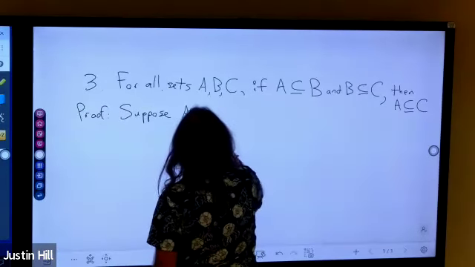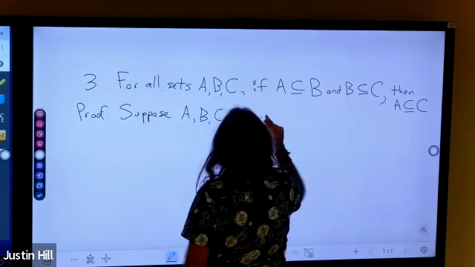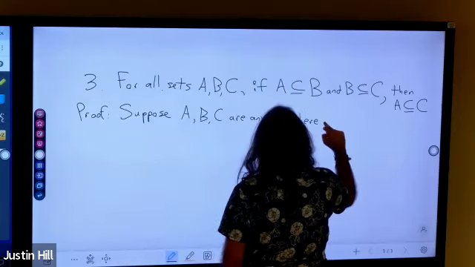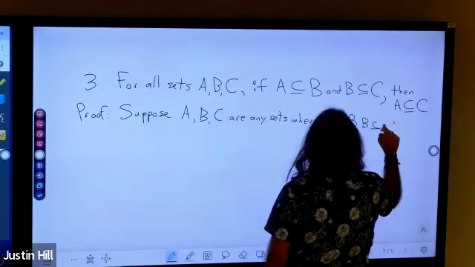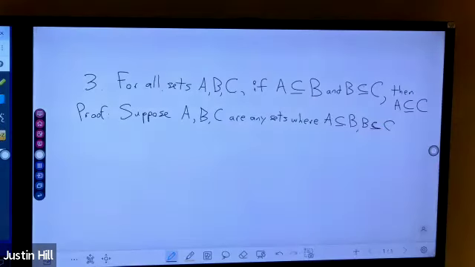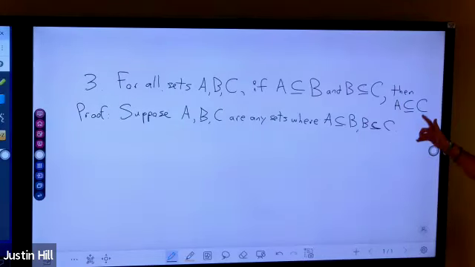Suppose A, B, and C are any sets where A is a subset of B, B is a subset of C. And what I won't write, though she usually does at the beginning of these chapters, is our goal. Our goal is to show that A is a subset of C. Good.